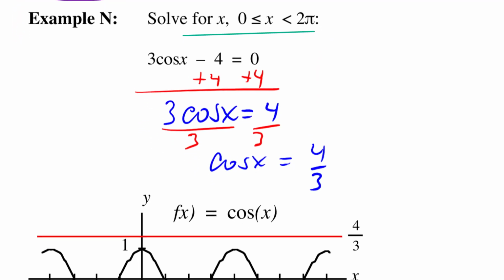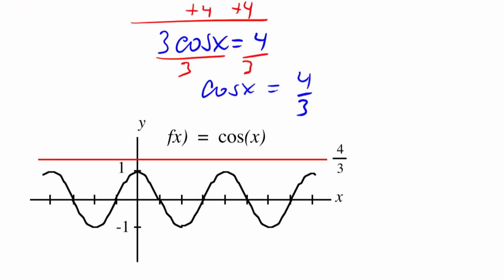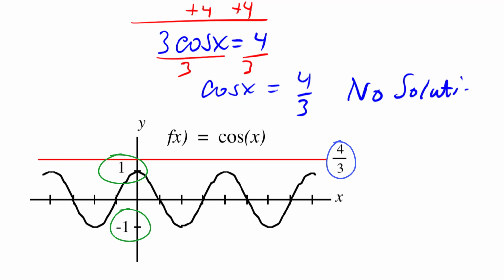Now that's an unusual value for cosine. Let's take a look at the graph of the cosine function and see why 4/3 is not going to be a solution. Notice that the 4/3, if we draw the line there, is above the graph of cosine x. It's above the 1. So there is no solution.